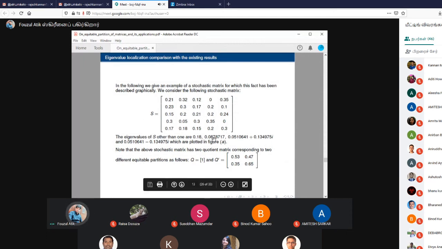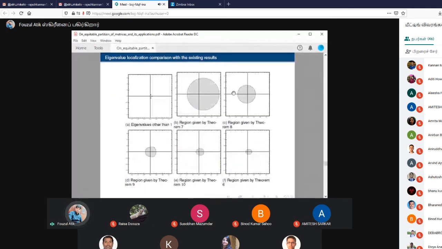Its first eigenvalue is 1, which we are not considering now, but the other eigenvalues are 0.18 and these others. From Q we have one eigenvalue which is 1, and Q star also has one eigenvalue 1 and another eigenvalue 0.18, but the other eigenvalues are these. We plot all four eigenvalues except the trivial one. If we plot them, these points are the actual positions of the eigenvalues.